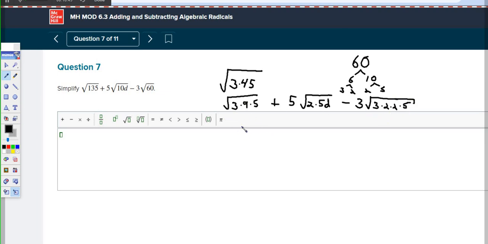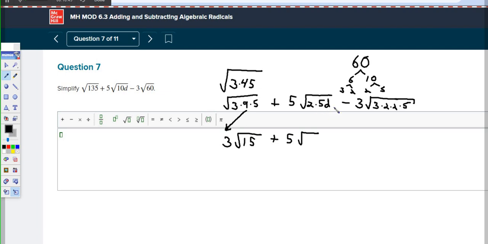Okay, let's see how that worked out here. Simplify this first radical. I know the square root of 9 is 3, and the rest of it doesn't have a pair or a perfect square, so 3 square roots of 15 here. And I couldn't do anything with that middle term.